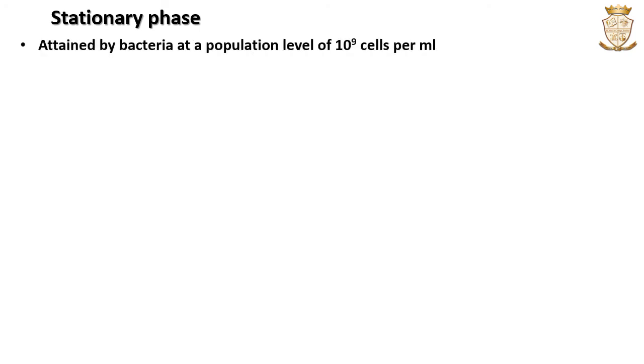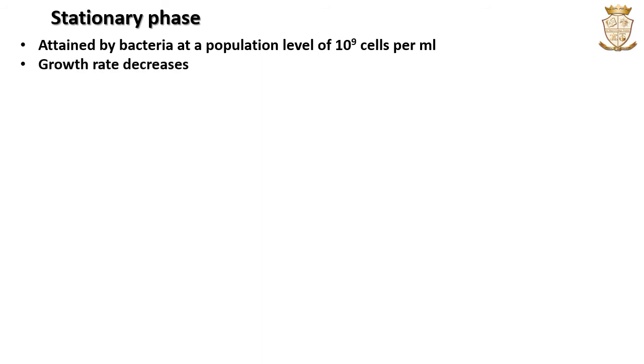Coming to the stationary phase, this phase is attained by a bacterial culture at a population level of 10 raised to 9 cells per ml, and the total number of viable microorganisms remains constant.